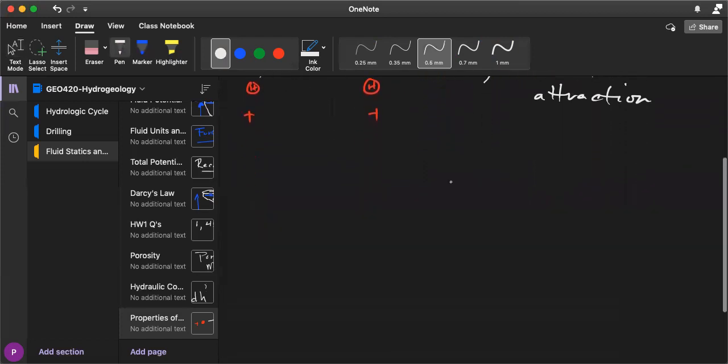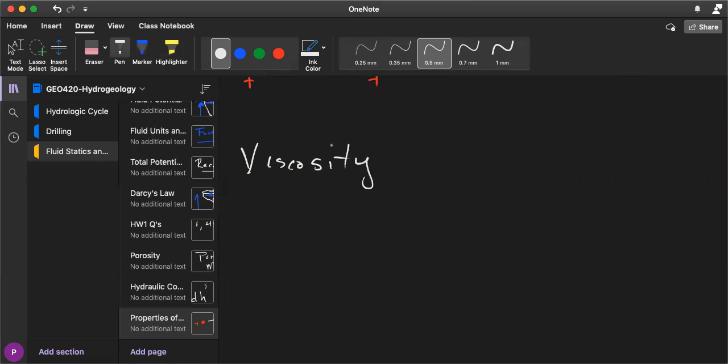So, viscosity. What's viscosity? Yeah, so we think about it like, well, let's put it this way.